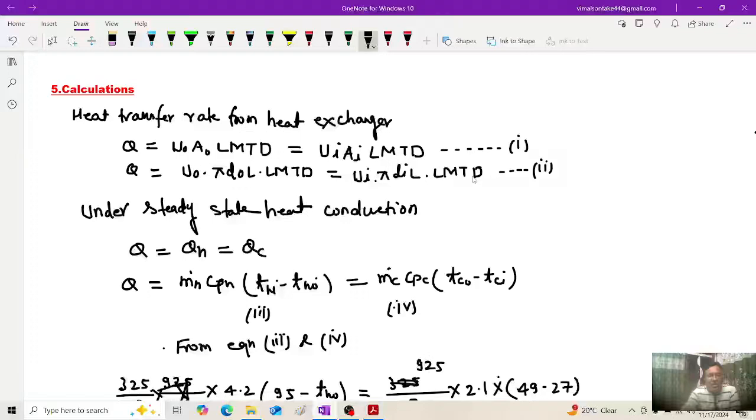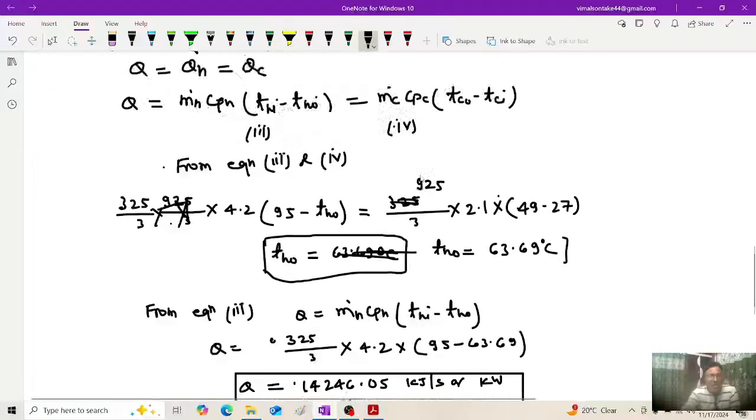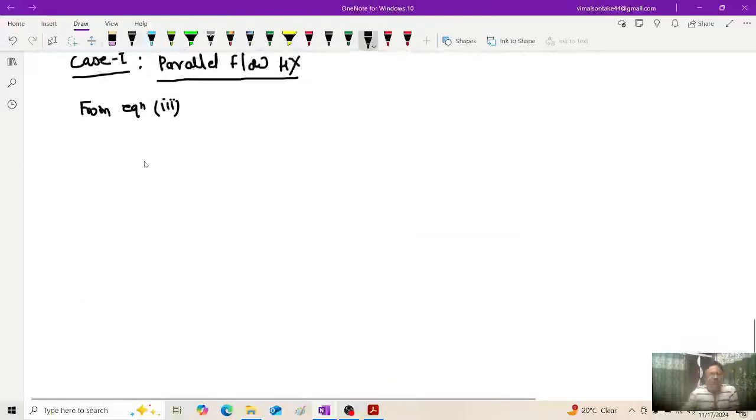It hardly matters whether you consider this Q based upon UO or UI basis. In both the cases, the answer will be the same. So I am considering this equation 3 based upon outside area, that is UO.